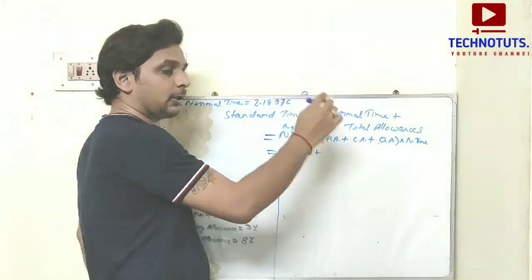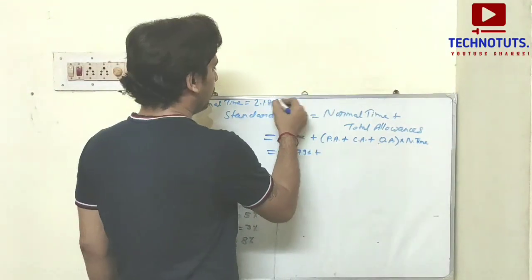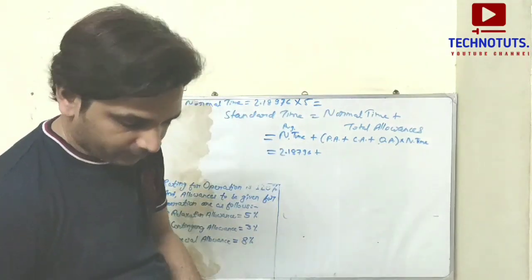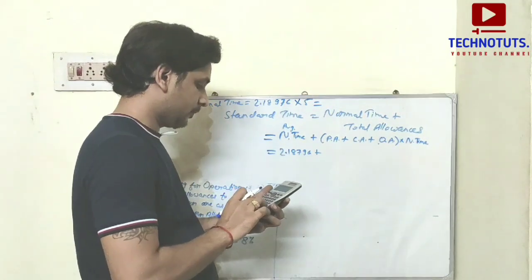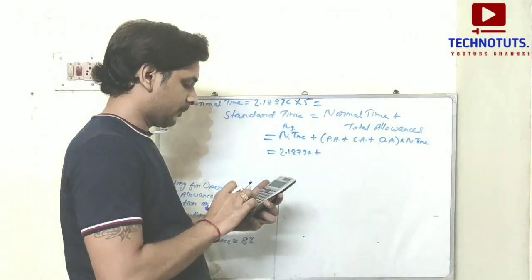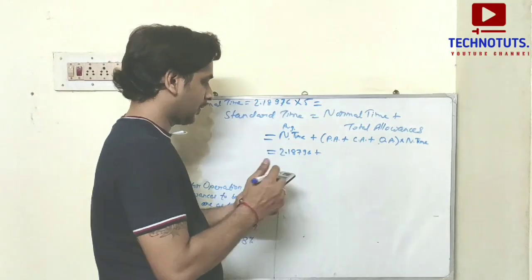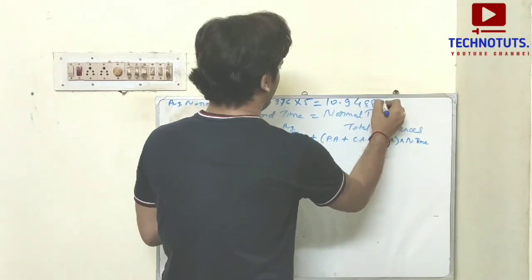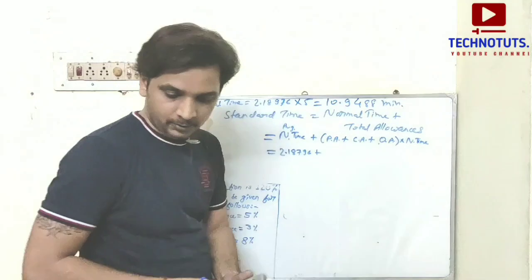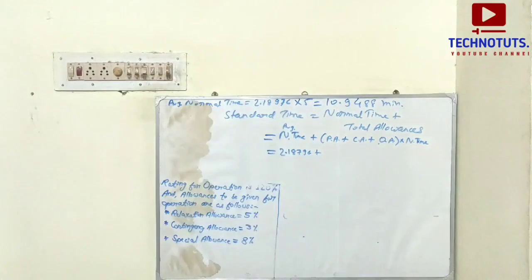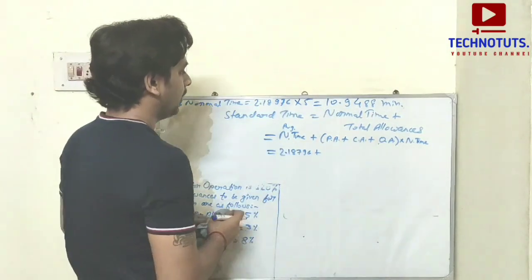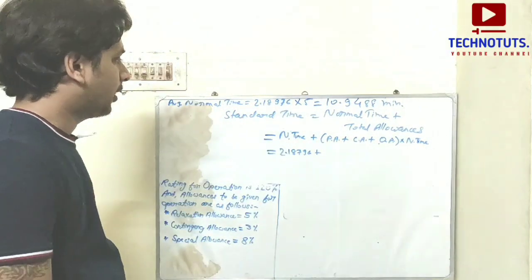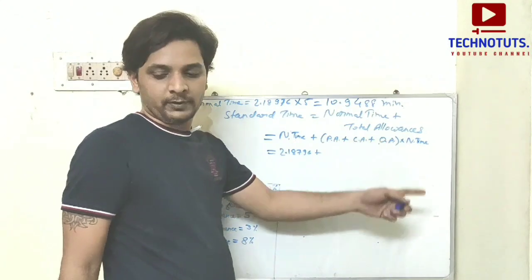This is the average normal time. So total normal time of the cycle will become 2.18976 into 5, which will be equal to 10.9488 minutes. So the standard time is equal to the normal time plus total allowances.